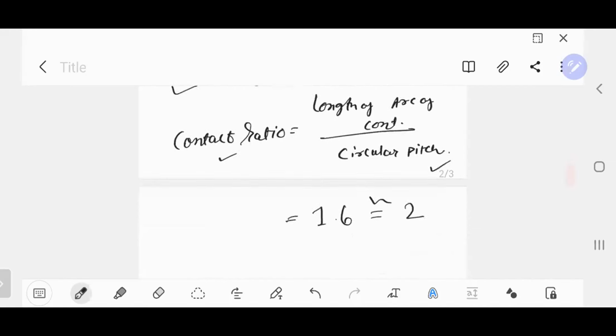Okay, the second thing that we need to find. Look at the question again. I'm not opening the question over here, you have the question.